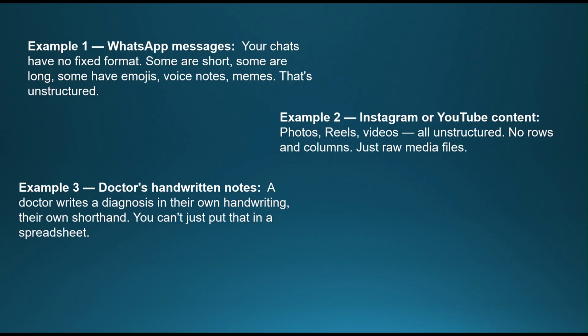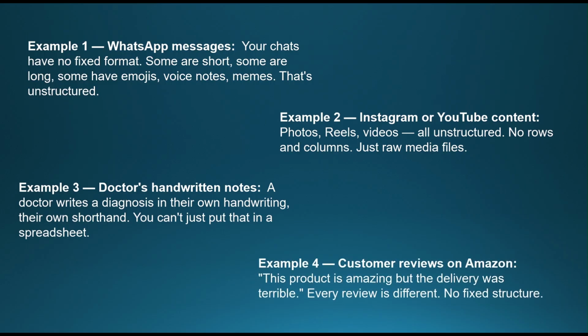Doctor handwritten notes. If you go to a doctor, he gives you the prescription. That's again completely unstructured. And we have customer reviews on Amazon. Again, the reviews are random. There is no specific format to provide the review. There is no structure.